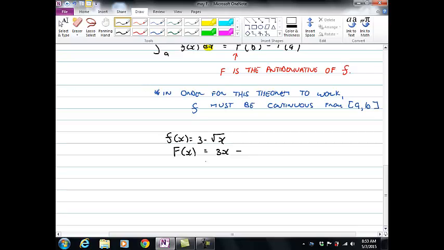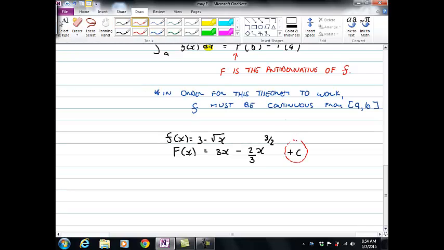Satinder, what's the antiderivative of root x? 2 over 3 x to the power 3 over 2. We're missing something. Plus c. You need that plus c. That plus c is a crucial part. Some of you lost marks because of that plus c.